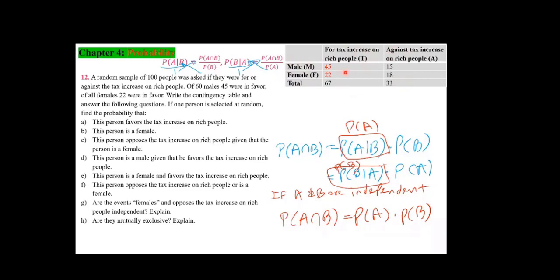And of course, we will have a total at the end. So the numbers in red are given. Take a look at the grand total, a random sample of 100. So you plug in 100 here. That's the first thing. Of 60 males, so males total is 60. That's what it meant. 45 were in favor, so 45 for it.